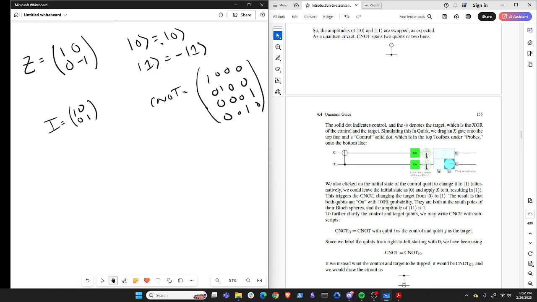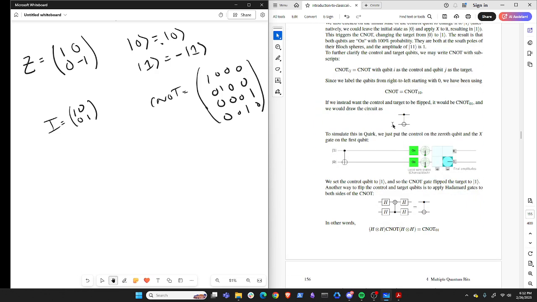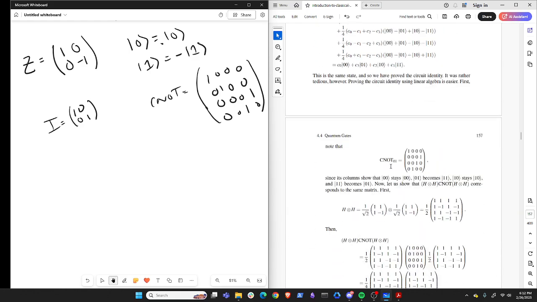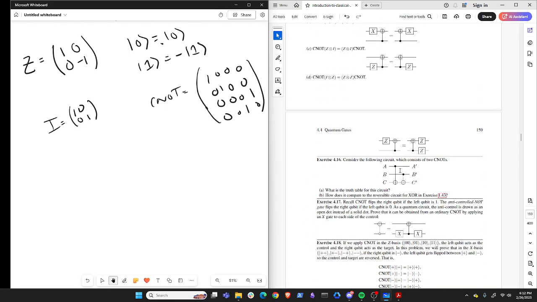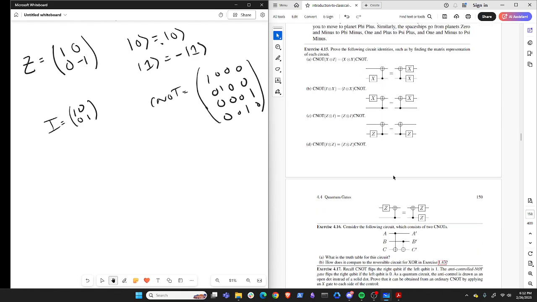So we want to prove this circuit identity, that the C0 of the tensor product of gate I and gate Z is equivalent to the tensor product of gate Z with gate Z, and then a C0. So we want to look at the sequence.